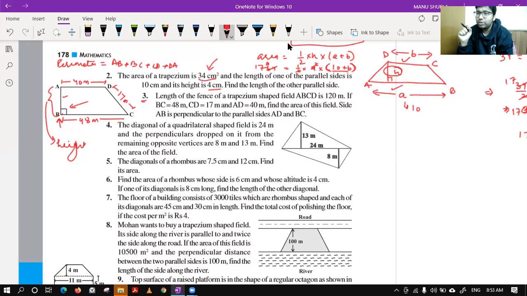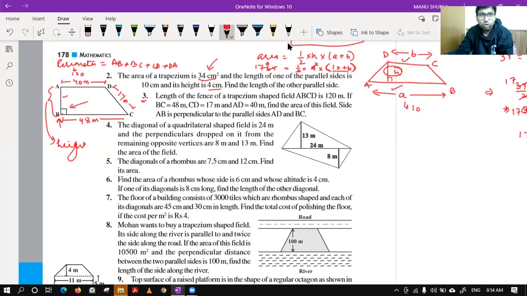This is giving you a perfect statement. After this, put the values and then solve. Some of you might be having the habit of directly writing the numbers and solving. Instead of that, first write the values. So for this perimeter, write the value 120.